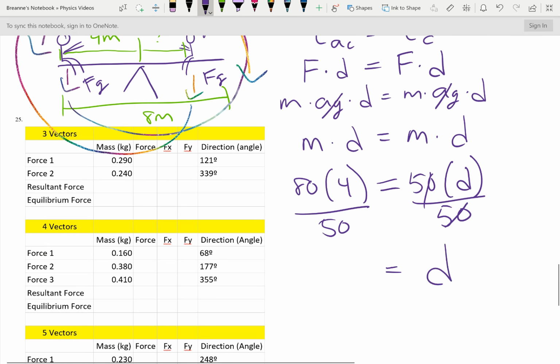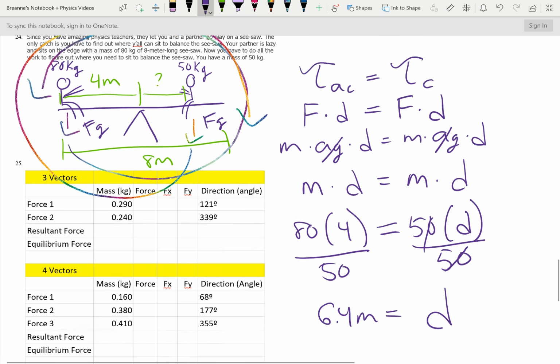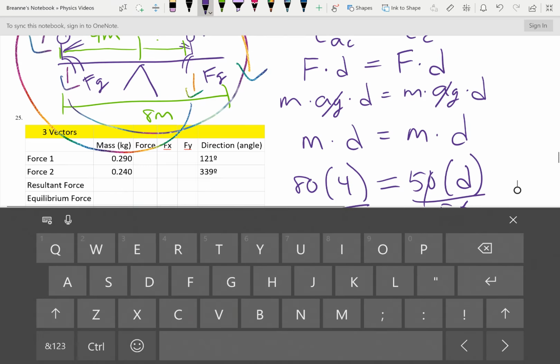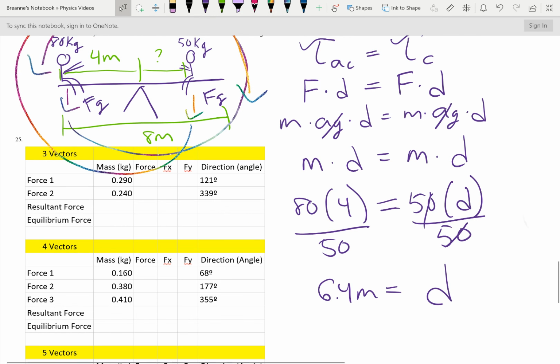So the distance you would need to sit to balance it out, 80 times 4 divided by 50, you would need to sit 6.4 meters away. So AKA, in this case, you wouldn't be able to balance it out. It's not possible. Where he sat, can't balance it. It's not possible.